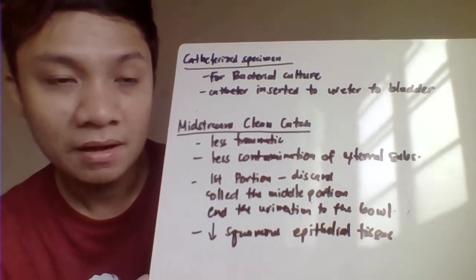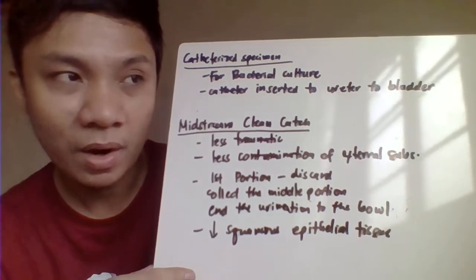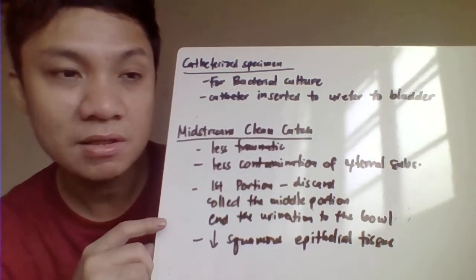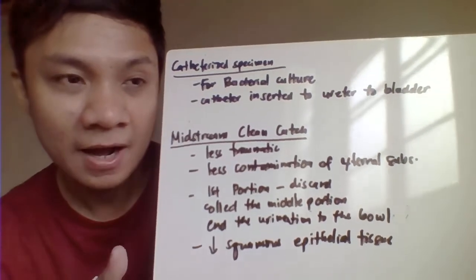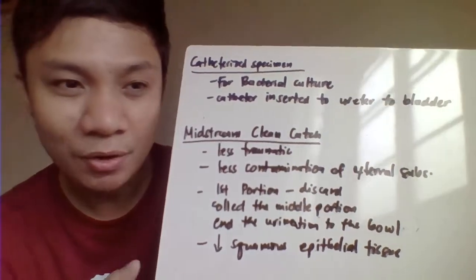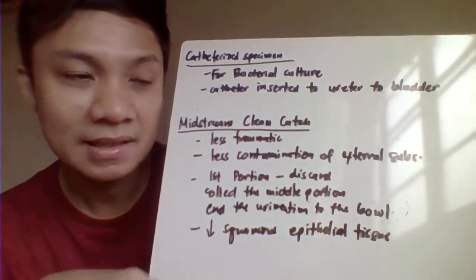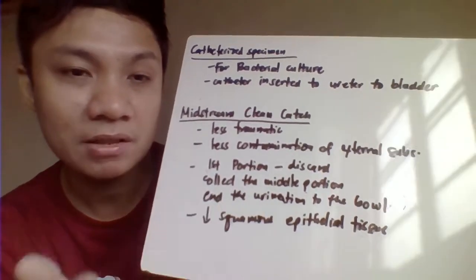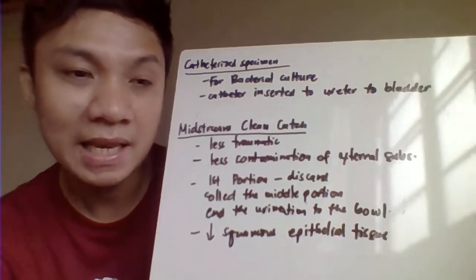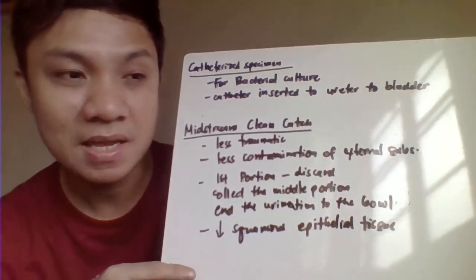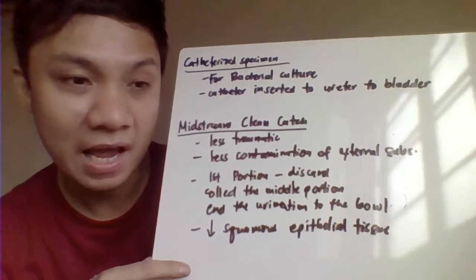Okay, and then when you are doing the midstream clean catch, first you need to clean your sexual organ. For the male, you need to retract the glans and wipe that. For the female, you need to retract and wipe the labia, in order for that not to contaminate your urine collection.